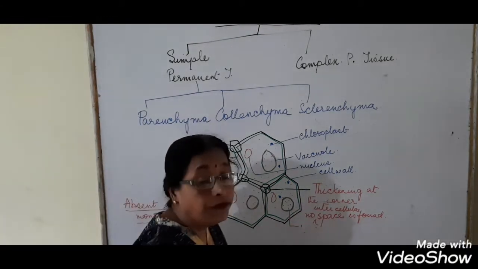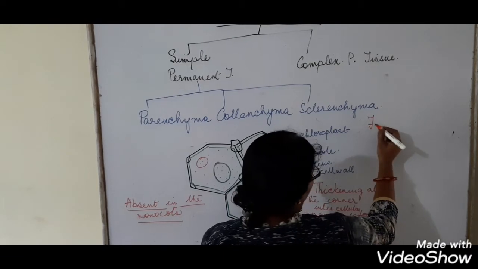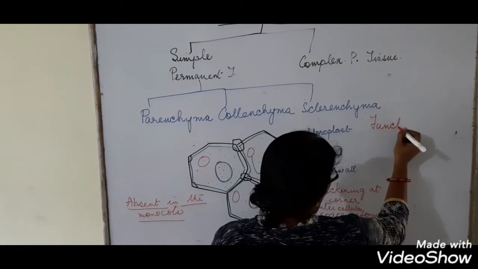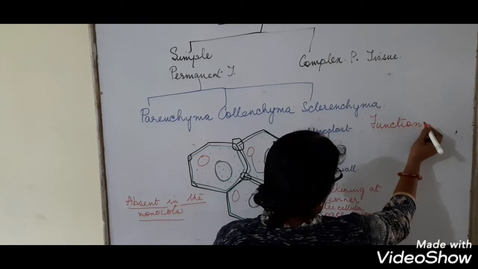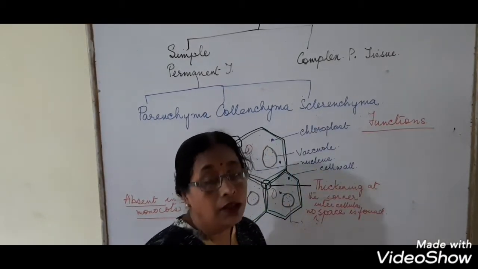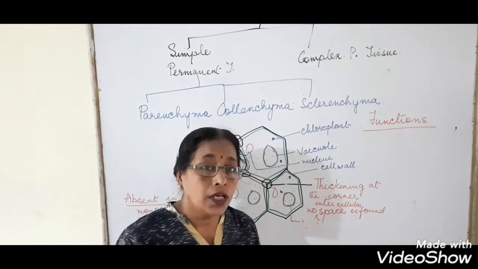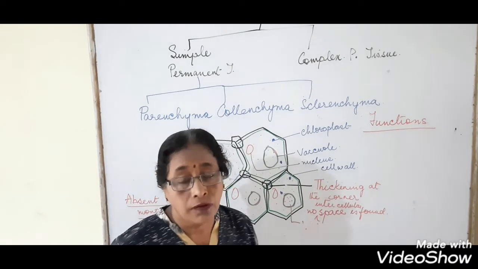Now let us see the function of the parenchyma cells. The important function is that it gives flexibility and mechanical support to the plants, that is, the aerial, softer parts of the plants.